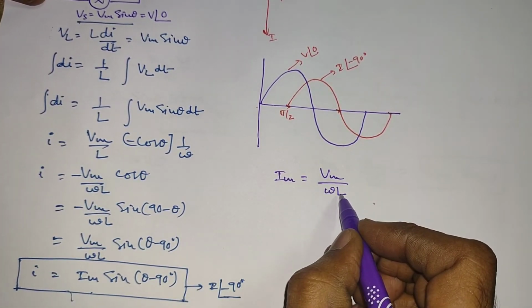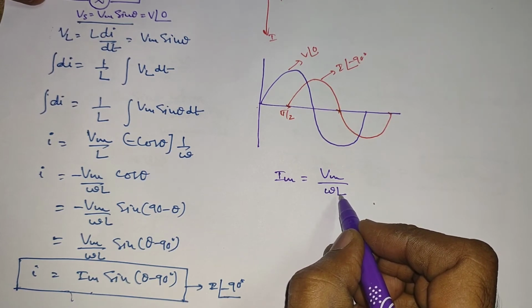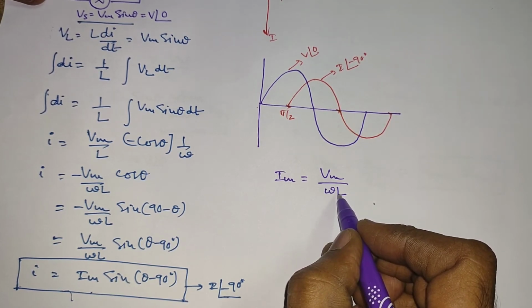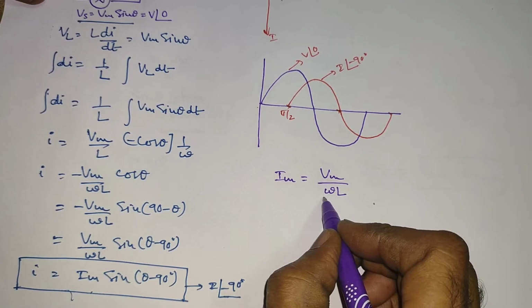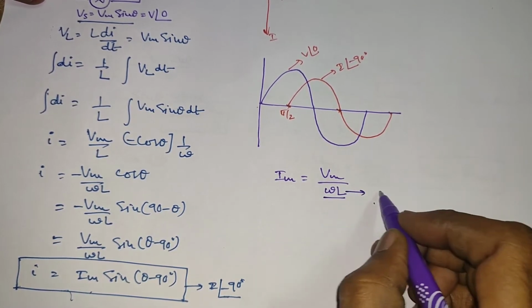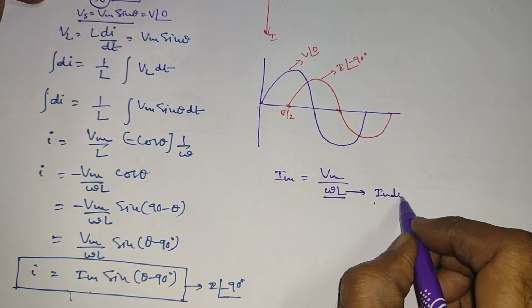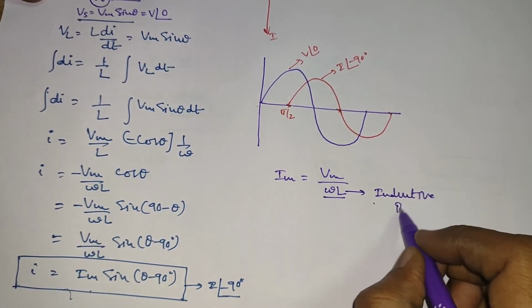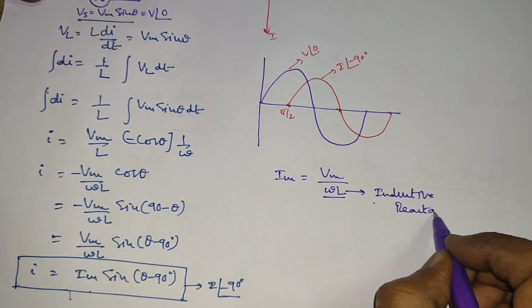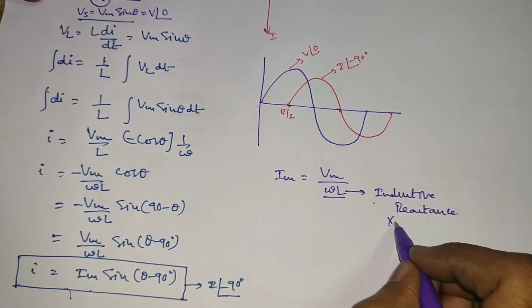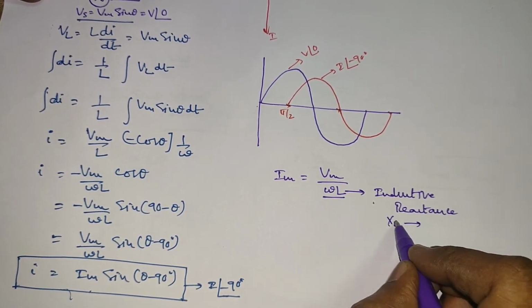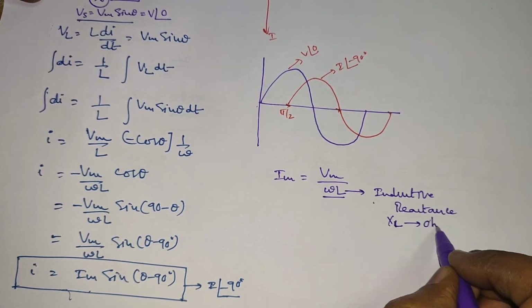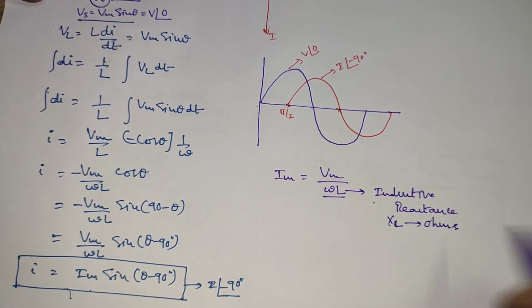Here, as this ohmic component results because of the effect of inductance, this omega L is considered as the effect of inductance, or inductive reactance. Generally, this is represented by XL, X suffix L, and the units are ohms.